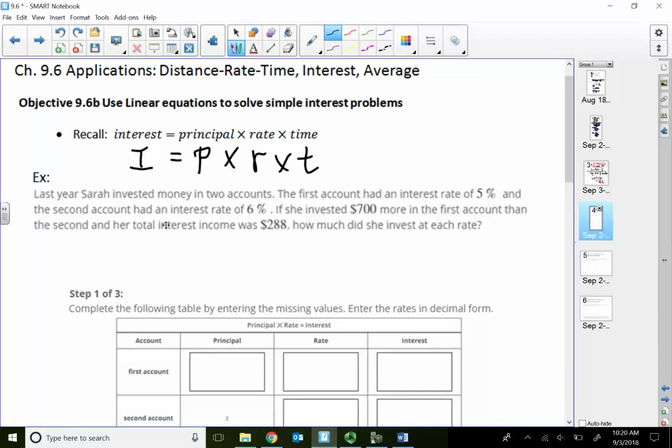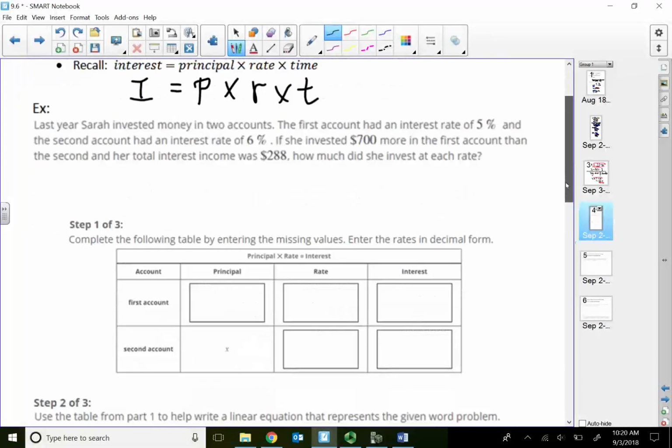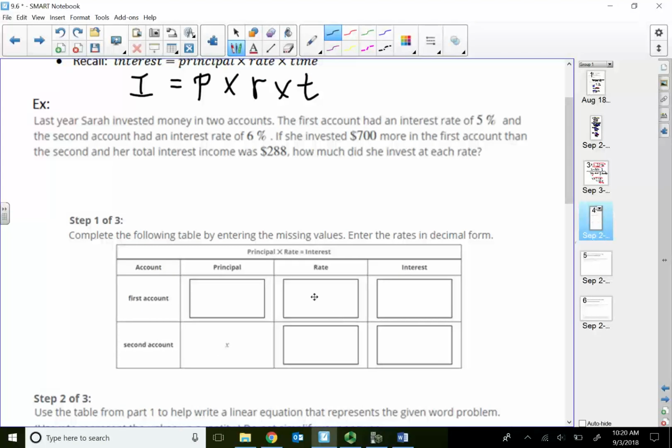The first account has an interest rate of 5%, which is 0.05. The second account has an interest rate of 6%, so that's 0.06.